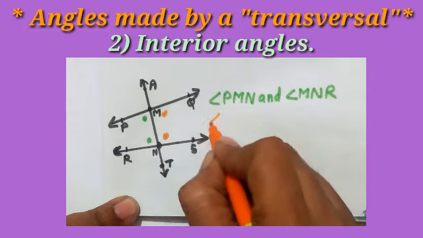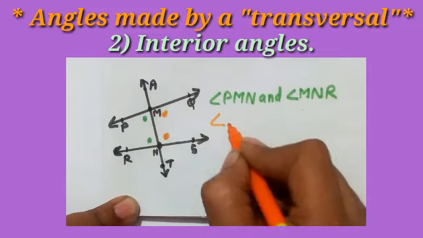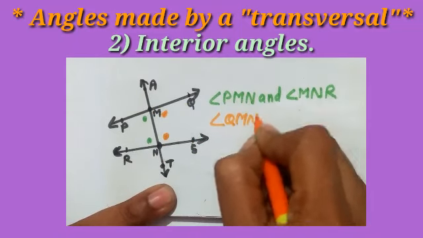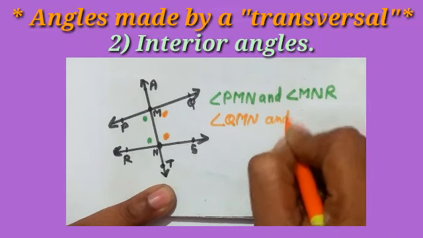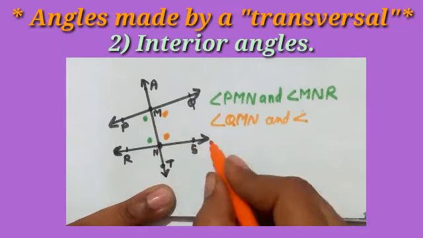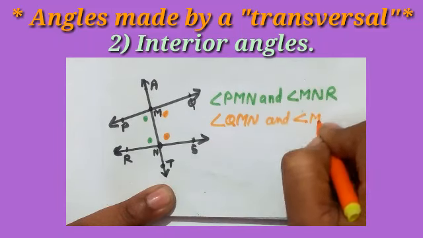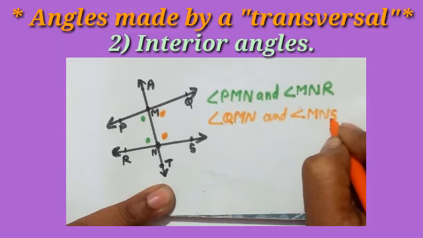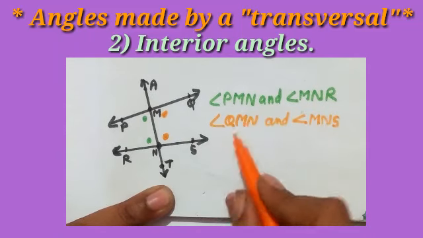Just write it: angle QMN and angle MNS. This is the second pair.